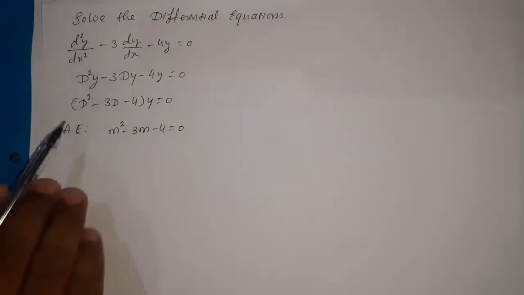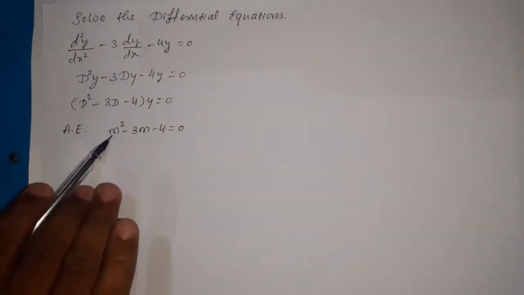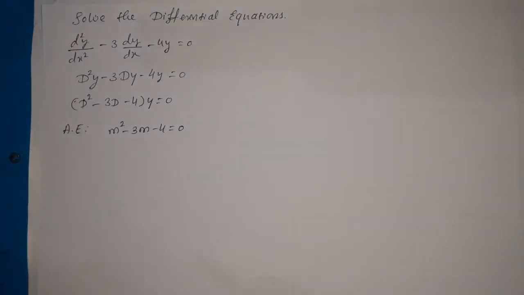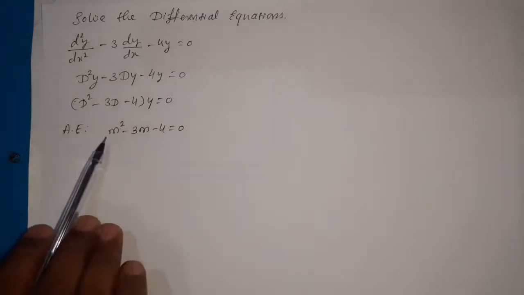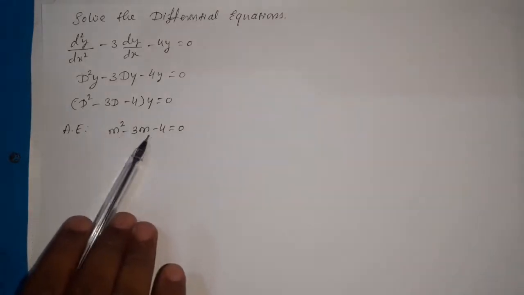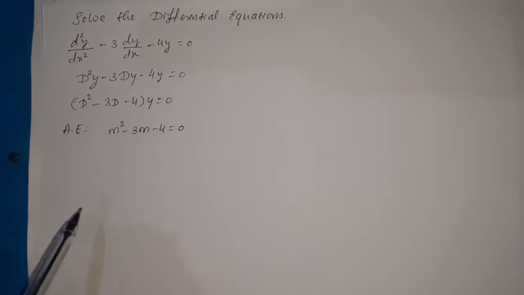So here instead of D we are using m, that is also the same auxiliary equation. If you write D square minus 3D minus 4 equal to 0, that is also okay, but here m is used because while writing the complementary functions we use e power m1x, e power m2x like that. So that's why we are using this m square minus 3m minus 4 equal to 0.